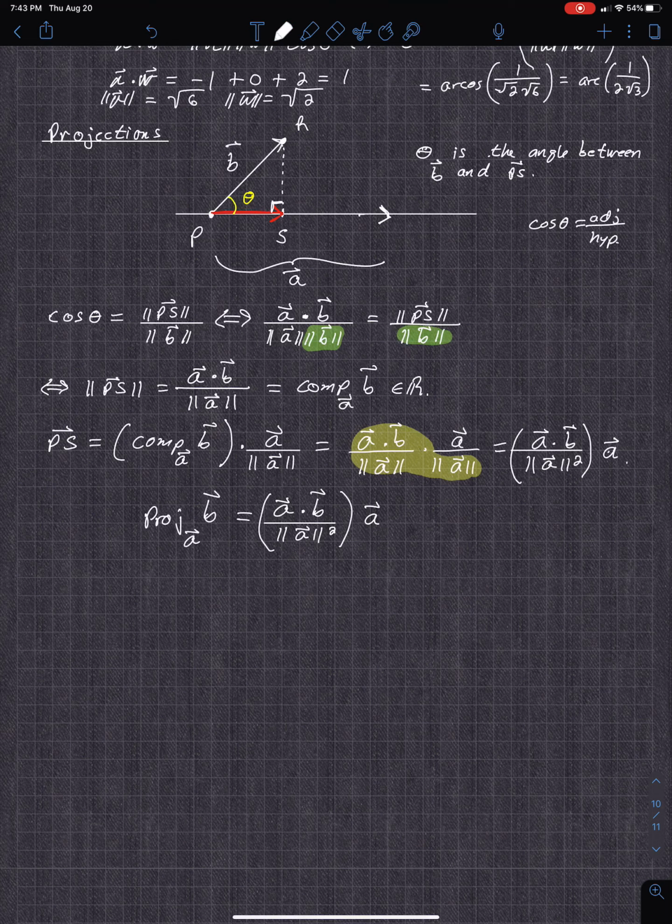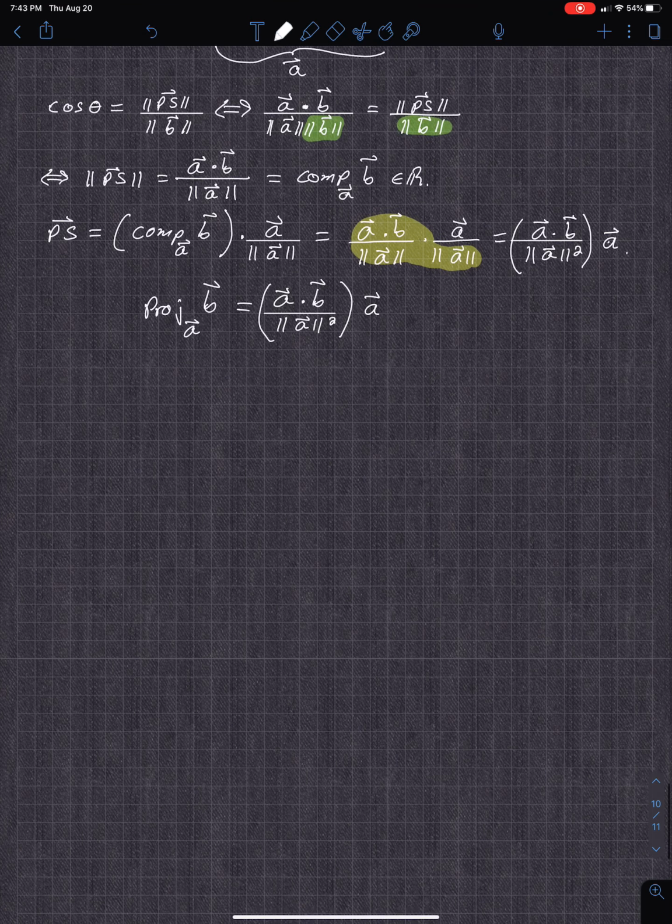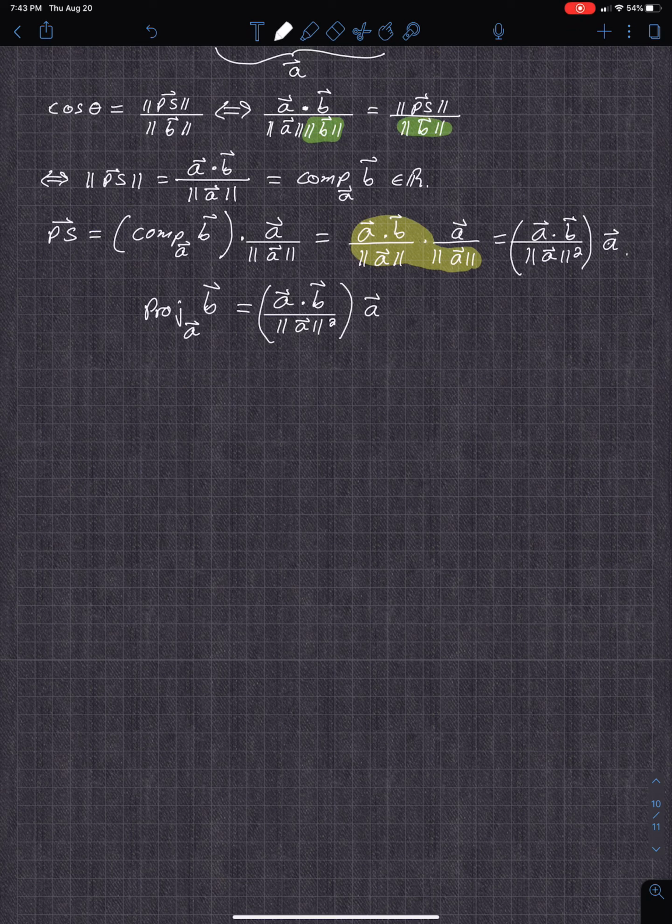Okay, so let's do an example of this next one. Let U equal (2, -3), and V equal (1, 4).